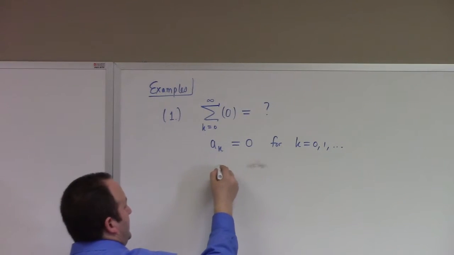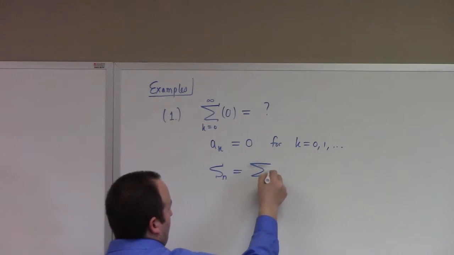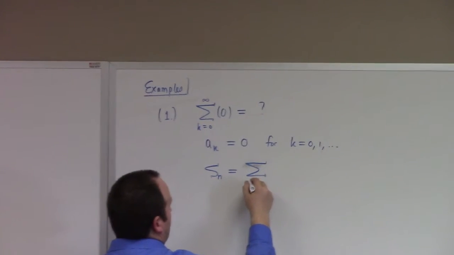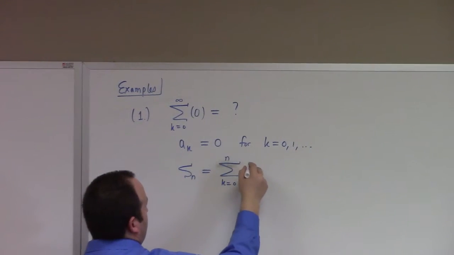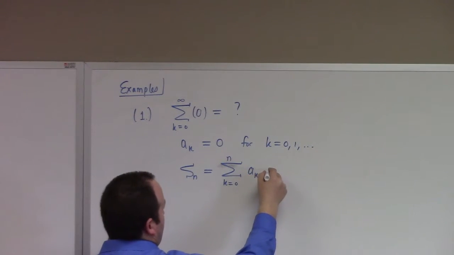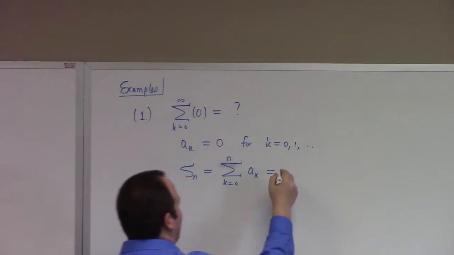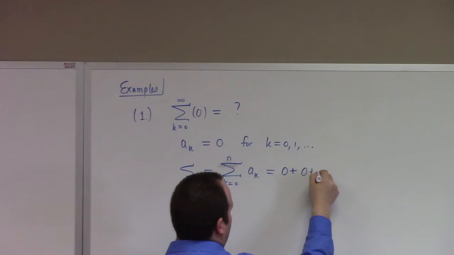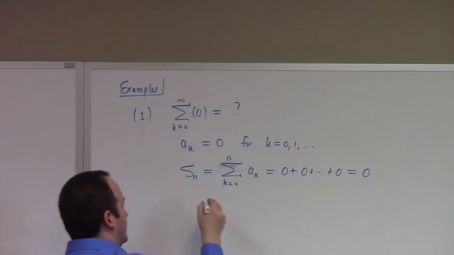So can you calculate the nth partial sum? S sub n is equal to the sum k equals 0 to n of a sub k, and what's that equal to? Zero plus 0 plus 0, which is just 0 again. So this one's pretty easy to calculate.